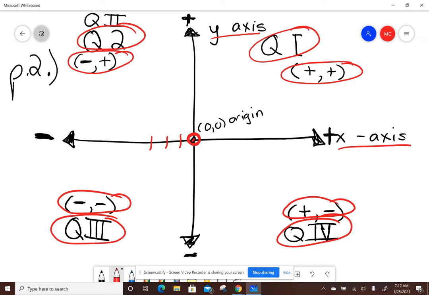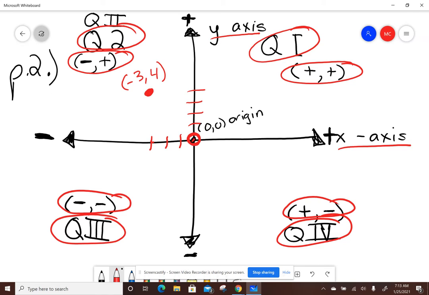So you walk to the elevator before you go up and down. So I go left 3, and then I go up 1, 2, 3, 4. So this point right here, negative 3, 4. And it asks you what quadrant is it in. Well, this is easy because I have it labeled, so this is in quadrant 2.